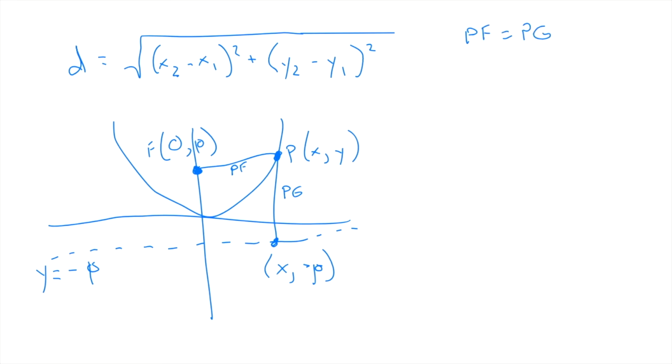And the distance from P to F will be the square root, and I'm just going to do this thing. So x2, this is my x2, my second point.